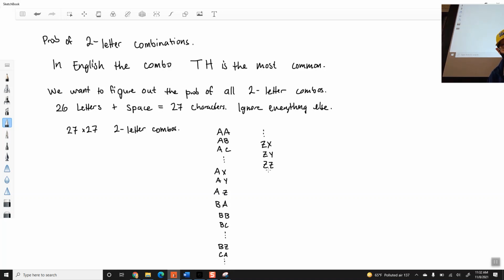Oh, there should be Z space. I should insert into here A space, and B space, sorry. And then we'll have space A, words that start with A, words that start with B, words that start with Z. So we could figure out all of these things.